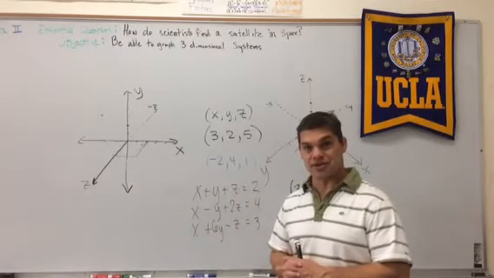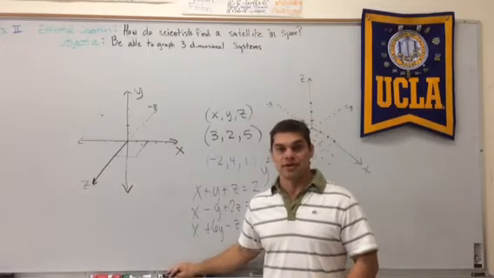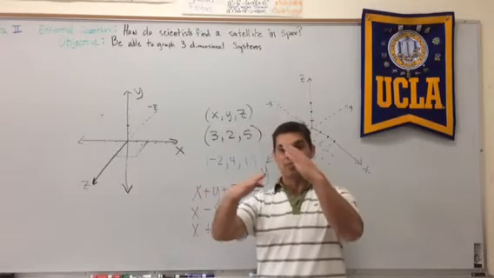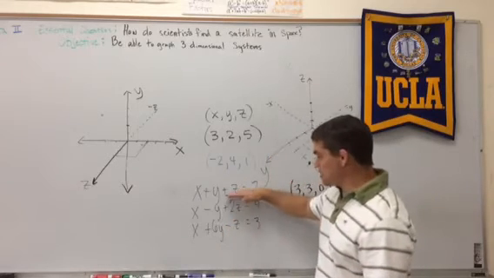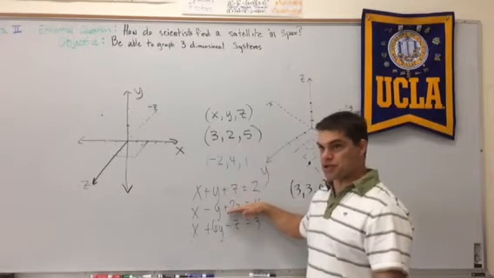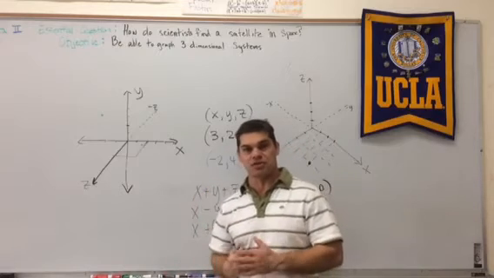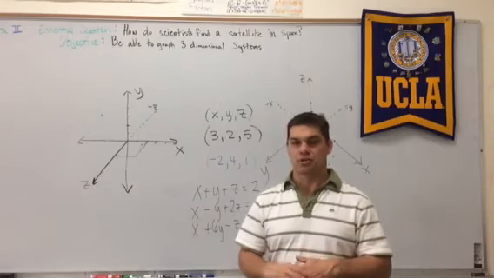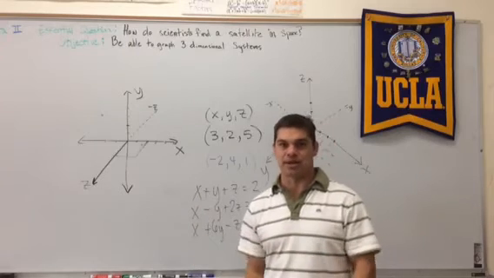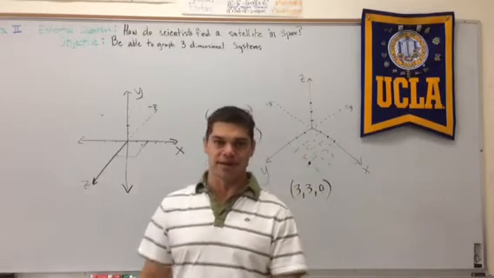And the answer is they intersect in a point. So 3 planes will intersect in a point. When you solve a system, if 2 of the equations overlap, there's a possibility that those 3 planes can intersect in a straight line. So we'll investigate that further later on as we learn more about 3 dimensions.